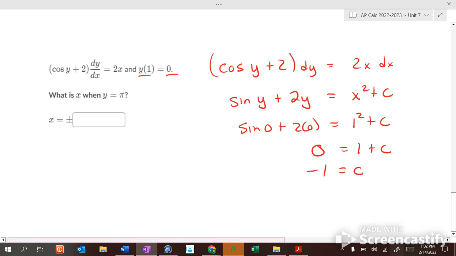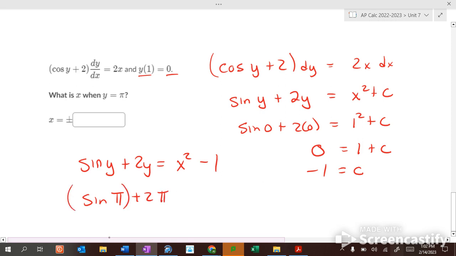So rewriting the equation, sine of y plus 2y equals x squared minus 1. So what is x when y equals pi? So the sine of pi plus 2 pi. Now these are separate. It's not sine of pi plus 2 pi together. It's sine of pi plus 2 pi equals x squared minus 1. What's the sine of pi?